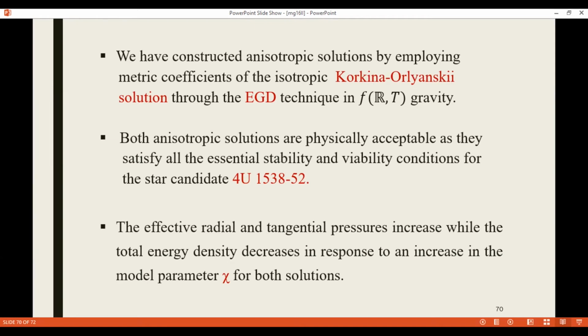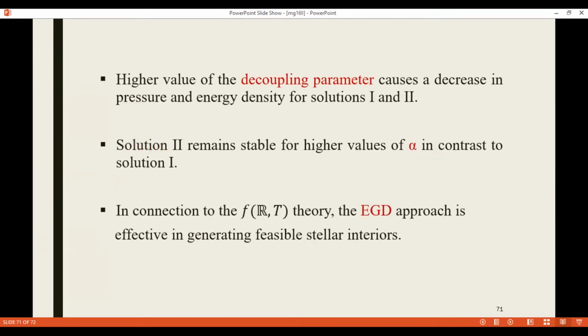We have found that both anisotropic solutions are physically acceptable as they satisfy all the essential stability as well as viability conditions for a particular star candidate. The effective radial and tangential pressure increase while the total energy density decreases in response to an increase in the model parameter chi for both solutions.